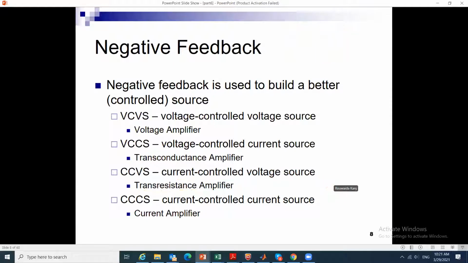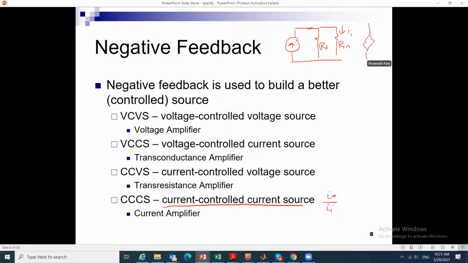And finally we have the current controlled current source, which is IO over IN. As the input, I will have the input source initially feeding RS and then feeding Rn, and this goes into IN. Then at the output I will have A times IN, and I will have an output resistance, and then I will have R load.